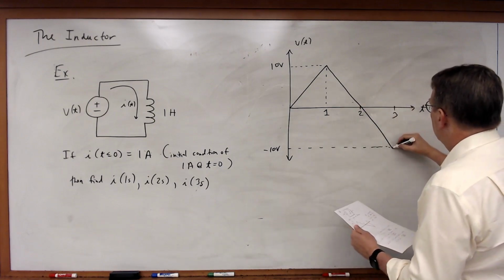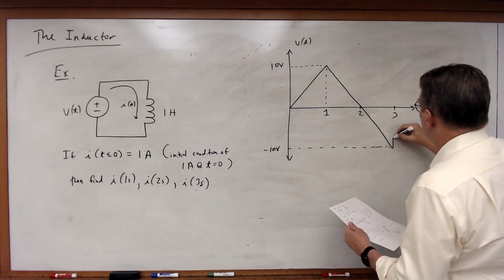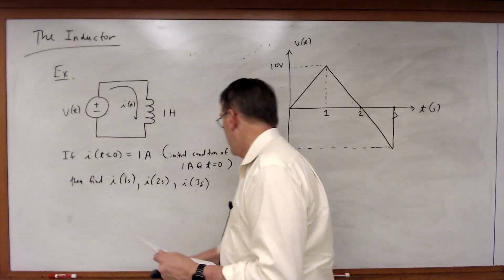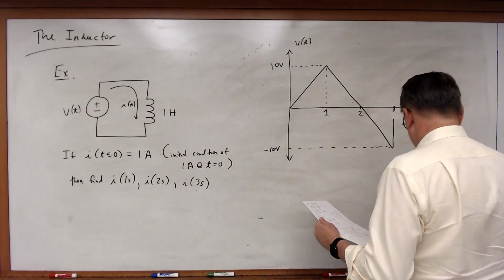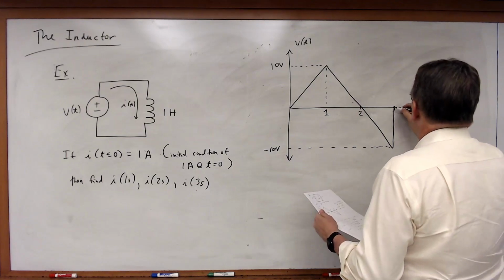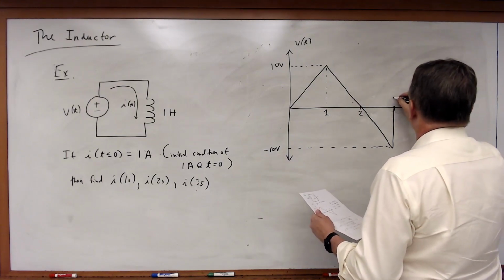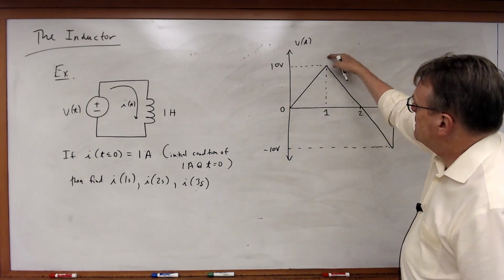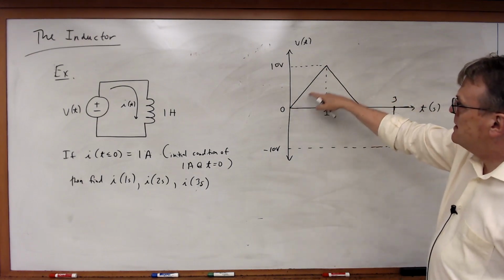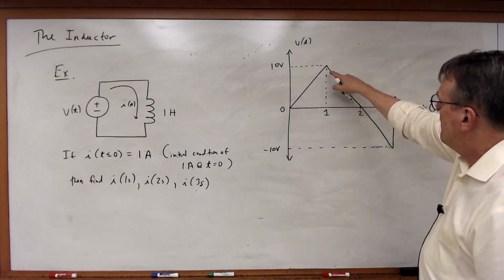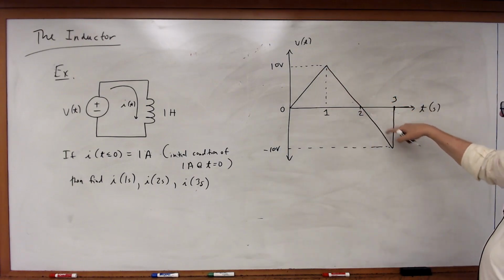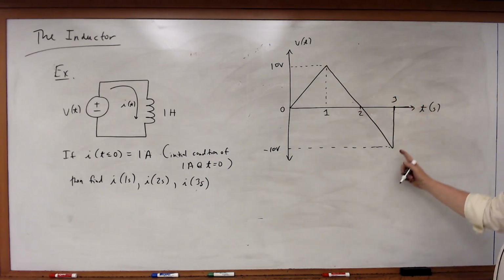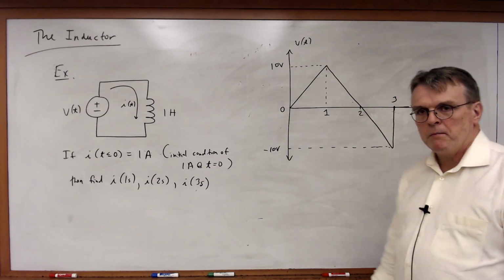And then I have a discontinuity and the voltage immediately jumps to 0 at 3 seconds. So I rise from 0 to 10 volts, so 10 volts per second is my slope, then minus 10 volts per second is my slope, and I go from 10 to 0 to minus 10 at 3 seconds, then I jump immediately to 0.